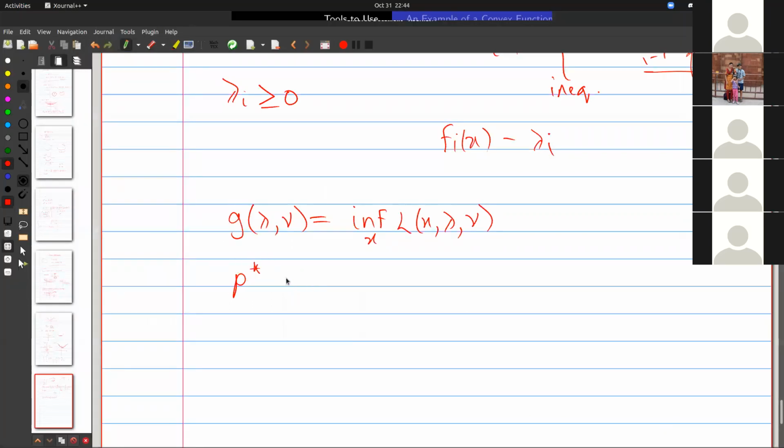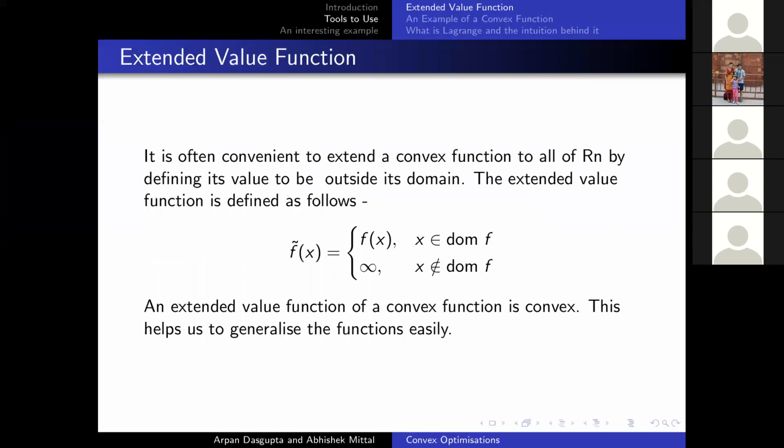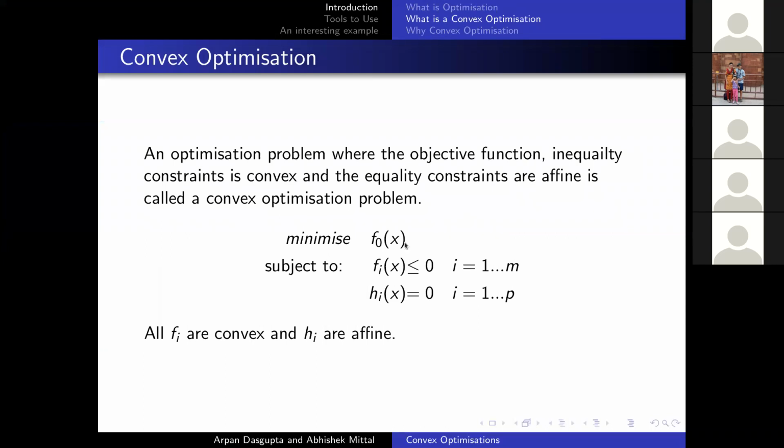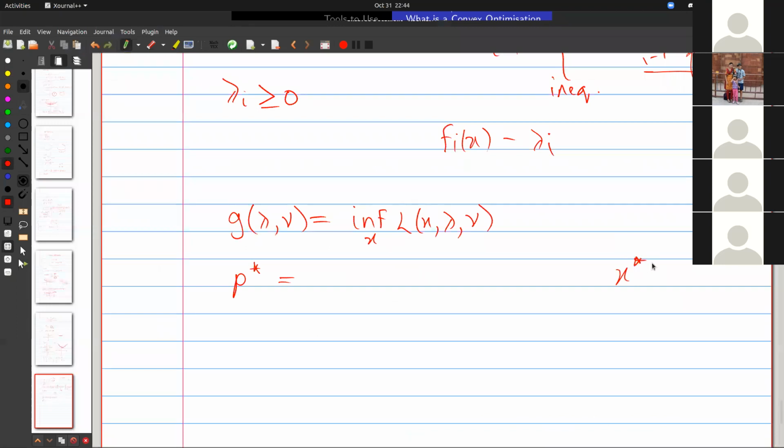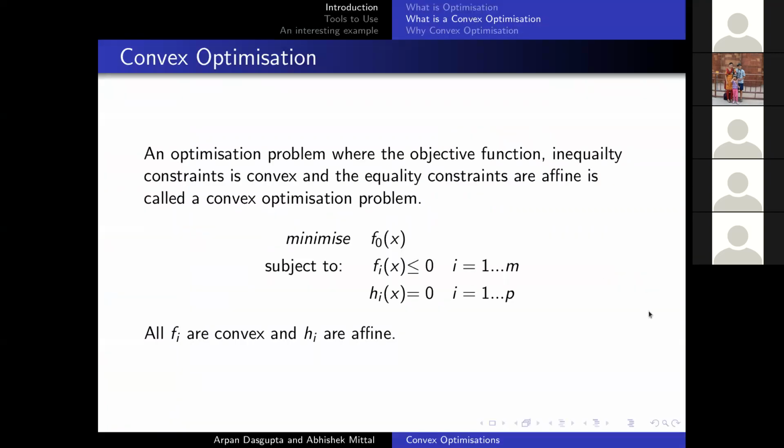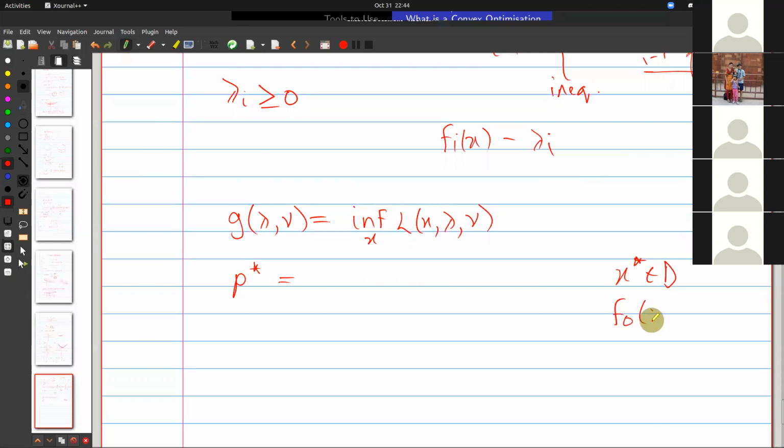So now what is p star? P star is the optimal value for the original optimization problem. So if this was our original optimization problem, and we found an x star belonging to the domain D, that is, it satisfies these constraints and the value of f naught of x star is minimum, this is the p star.